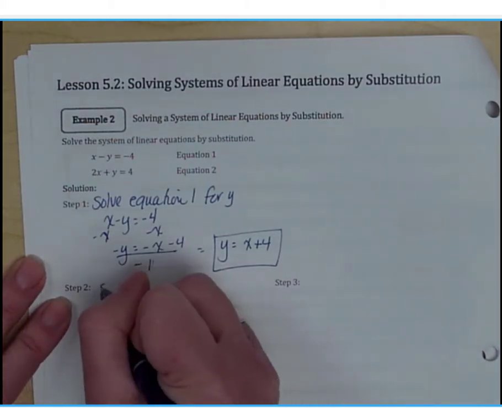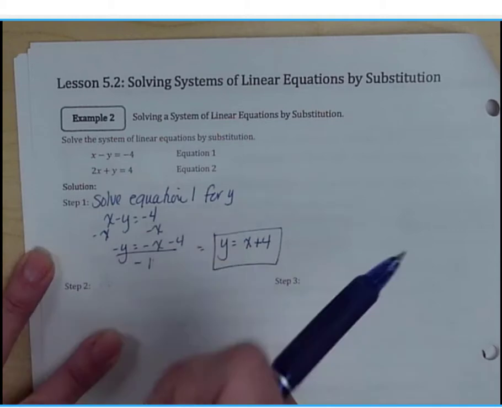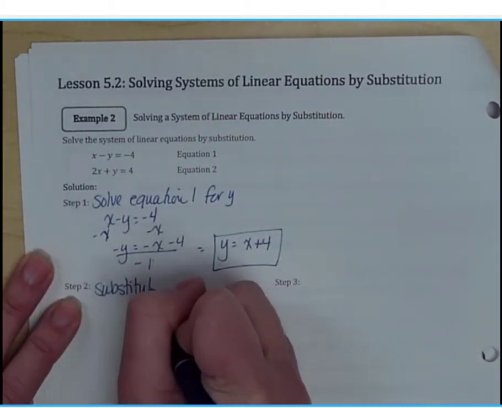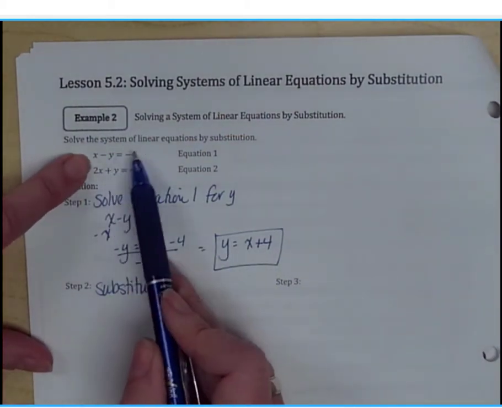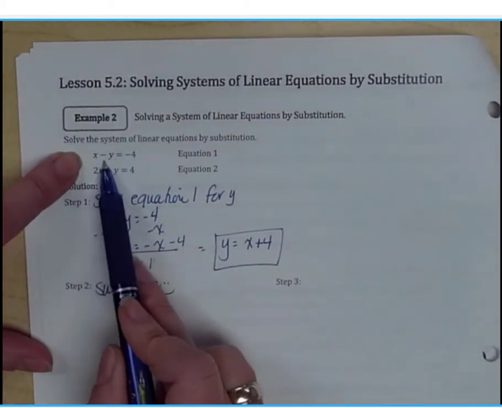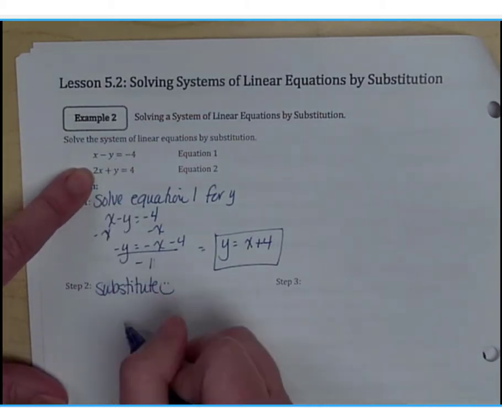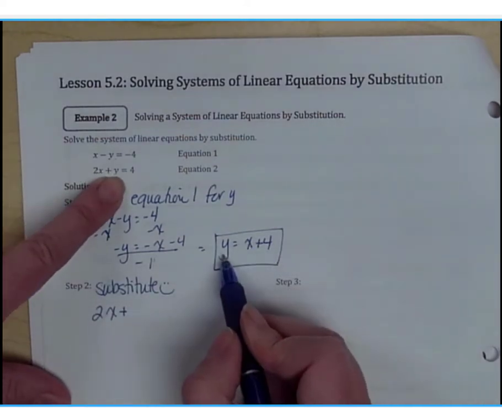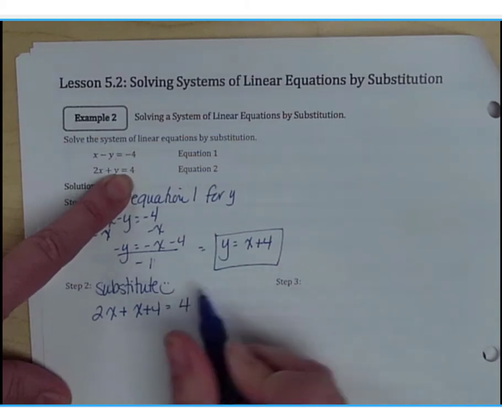Now I'm going to substitute again. Okay, now, because it is this equation, I want to make sure I don't substitute here, and I want to use the second equation. So I have 2x plus y, which is x plus 4, equals 4.